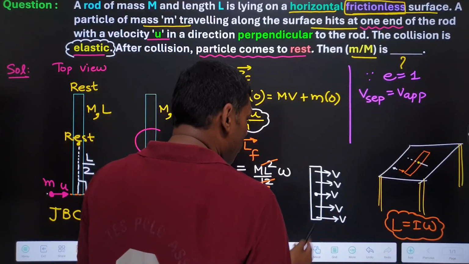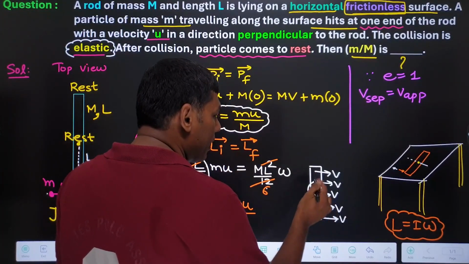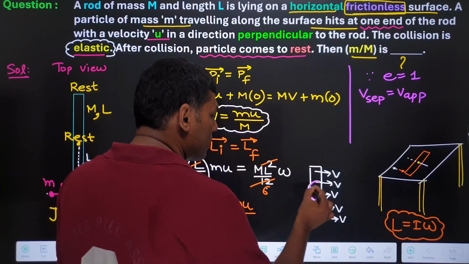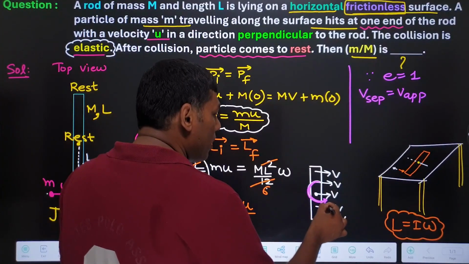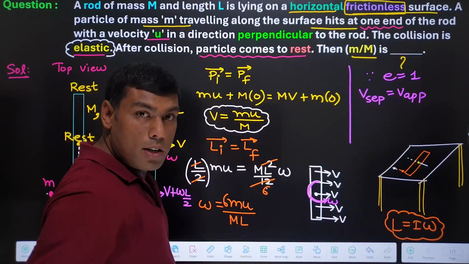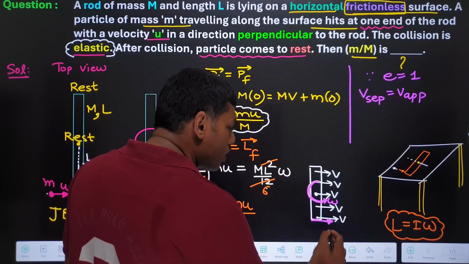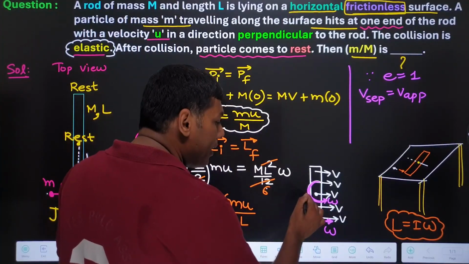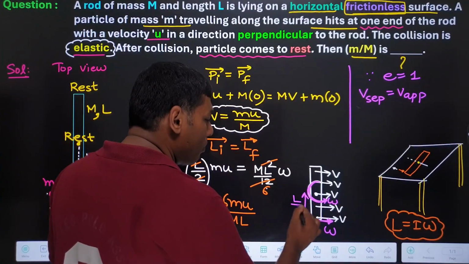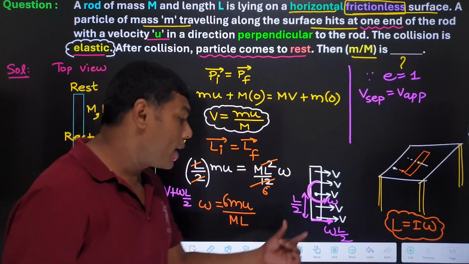Now comes the effect of the rotational motion. The rod has the angular speed omega like this. Due to this omega about an axis passing through the center of mass of the rod, we can write the tangential speed as omega r, and this radius will be L by 2. So the speed here will be omega L by 2.